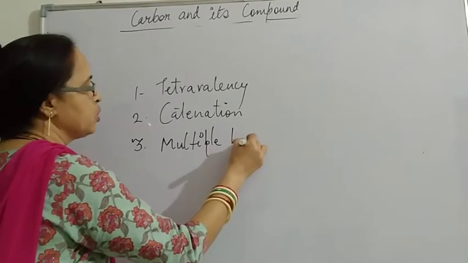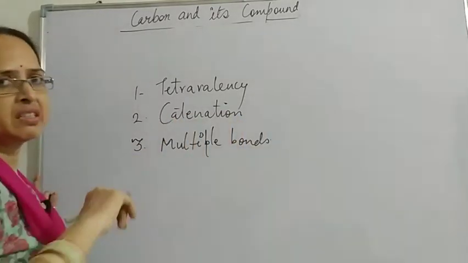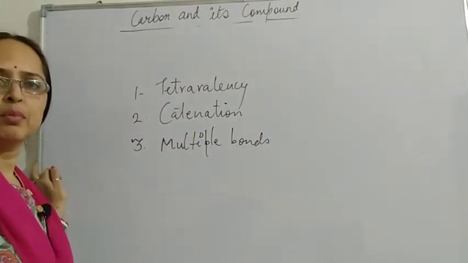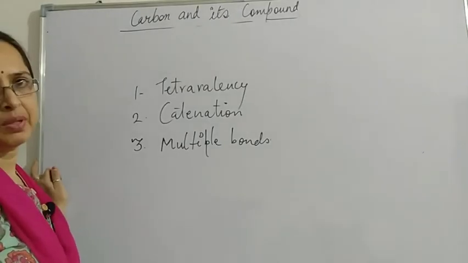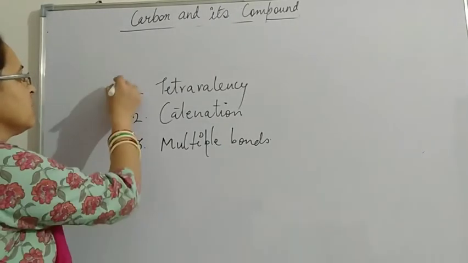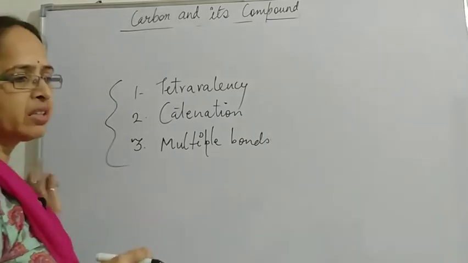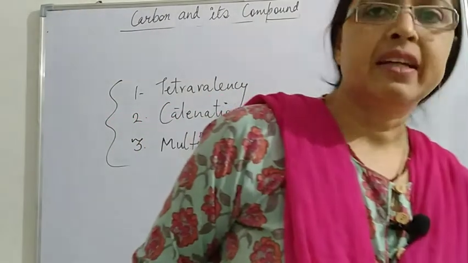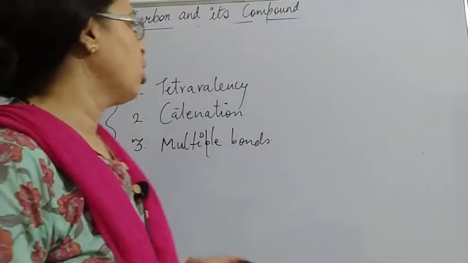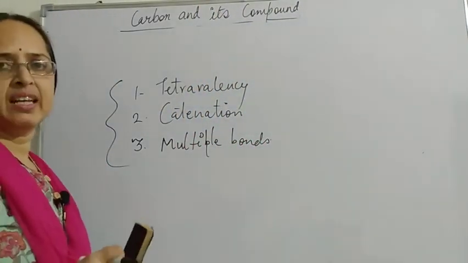That means it may form a single bond, double bond or triple bond. So these 3 properties show that carbon has a versatile nature, or we say that carbon is a versatile element.